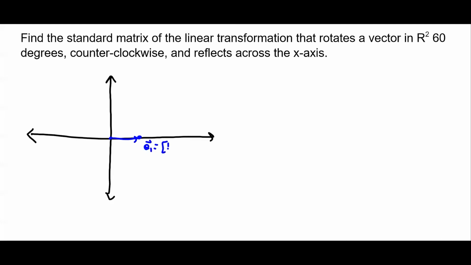This is (1, 0), right? It's here. And we're going to rotate it 60 degrees, so that will be something right here. So this would be 60 degrees. And then we're going to reflect across the x-axis, or the x1 axis. If we reflect it, we get this vector, and this would also be 60 degrees.